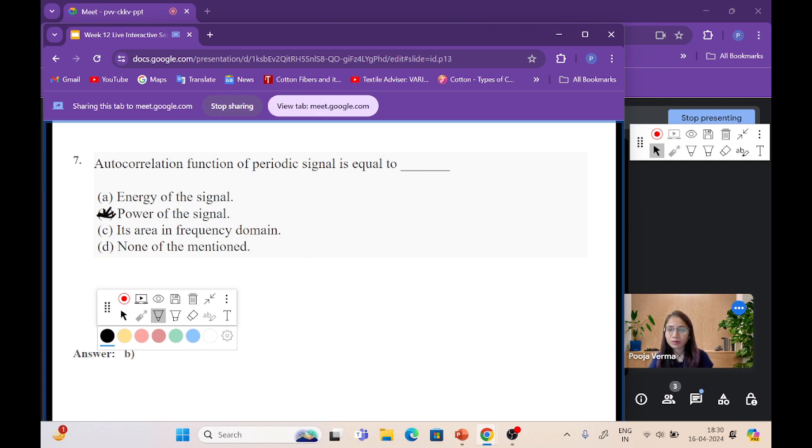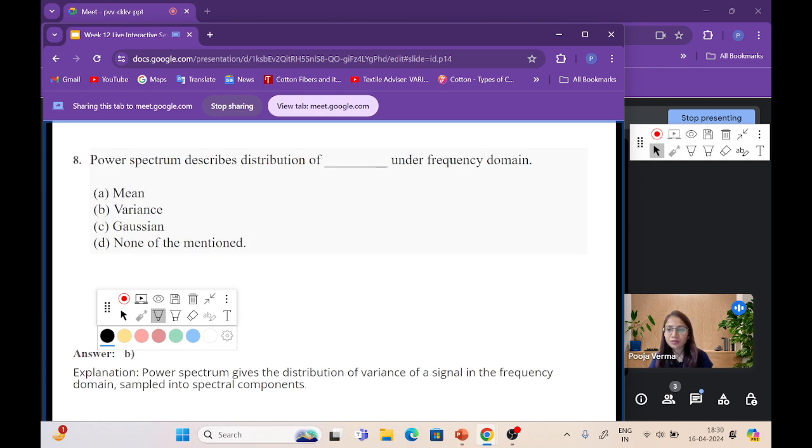Okay, so moving to the next question. The power spectrum describes distribution of what under the frequency domain: option A, mean; option B, variance; option C, Gaussian; or option D, none of the mentioned. The power spectrum gives the distribution of the variance of a signal in the frequency domain, sampled into spectral components.